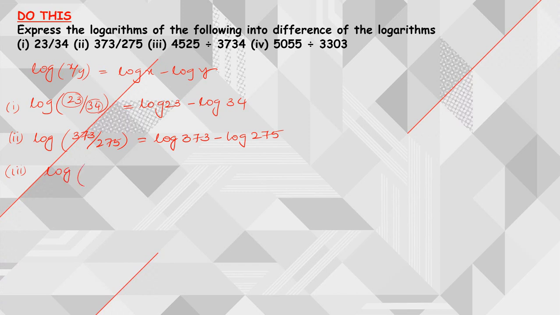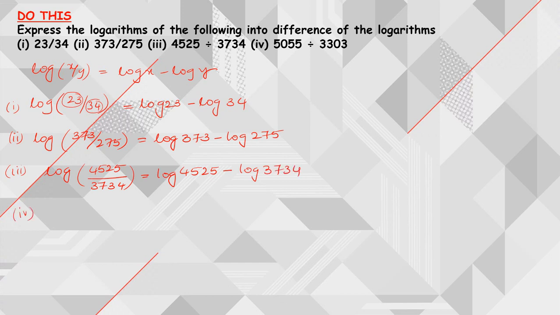Moving on to question number 3, log of 4525 divided by 3734. I can write this as log of 4525 minus log of 3734.